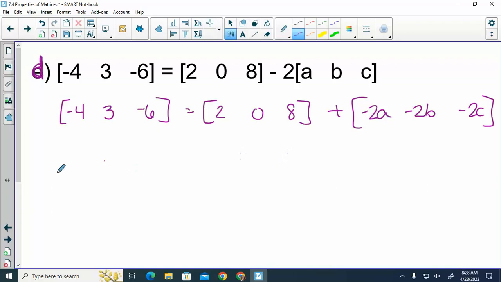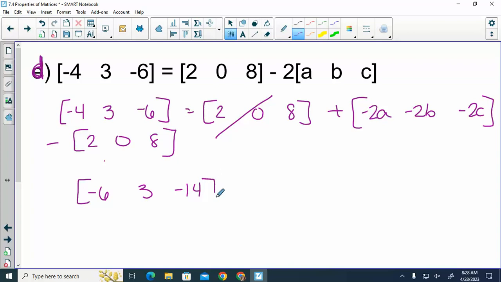Alright, then we again have a couple options. We can add these two together, or I could subtract this one to the other side. Subtract it. Okay. So negative 4 minus 2 is negative 6. 3 minus 0 is 3. Negative 6 minus 8 is negative 14.